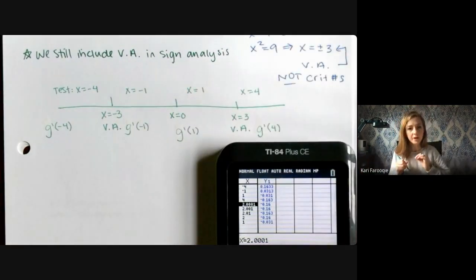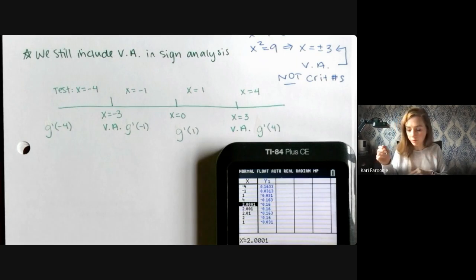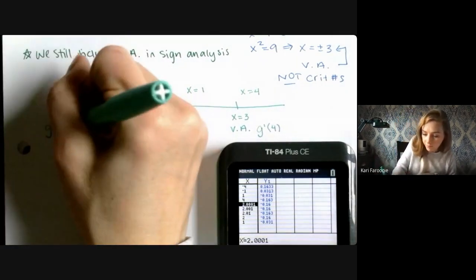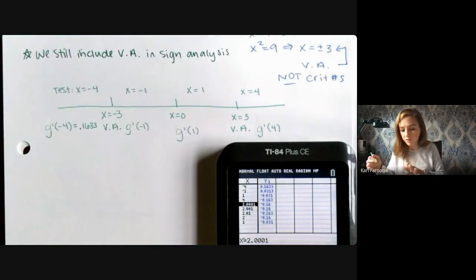Okay, all right, the derivative evaluated at -4 is positive. So it's like 0.1633. I'm not so concerned about the value of the number. I just want to make sure we have the sign correct.